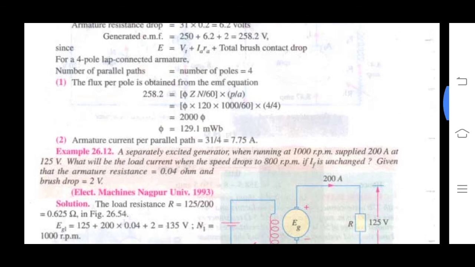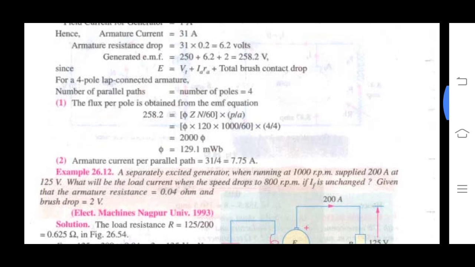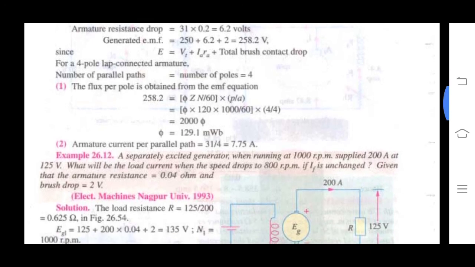Number of poles equal to 4. The flux per pole is obtained from the EMF equation.